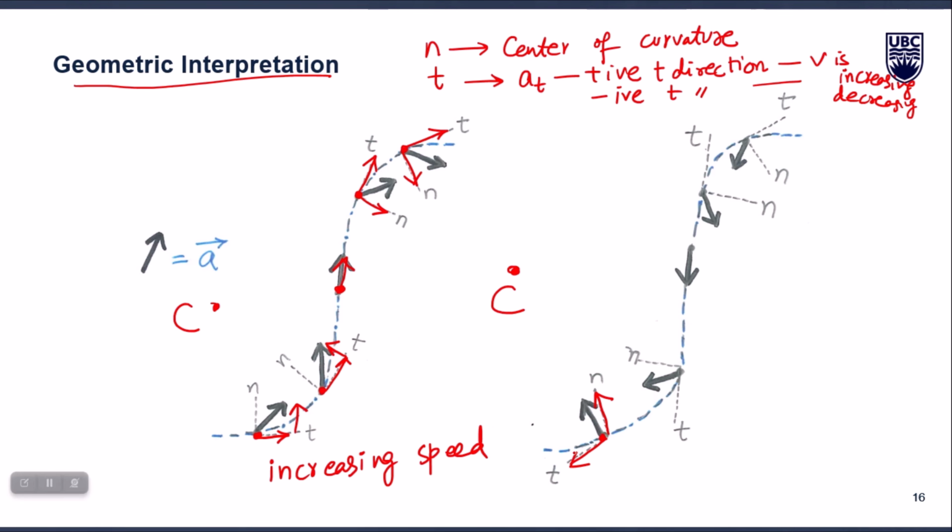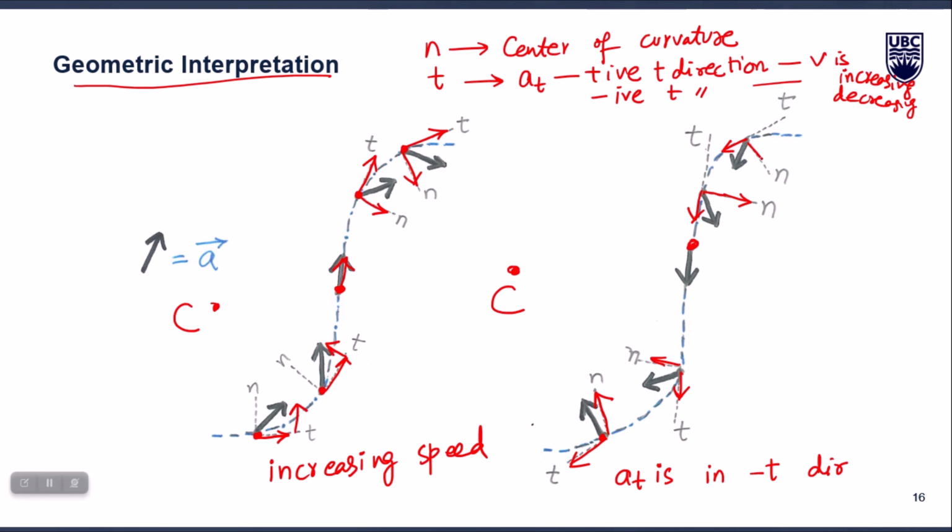So now a sub t is in the minus t direction in this case. Similarly here also the t component will be this, n will be this. This is the point of inflection. Here again the t component will be like this, the n component like this. So t is again in the negative t direction. Similarly this will be my t component in this case and that will be my n component.